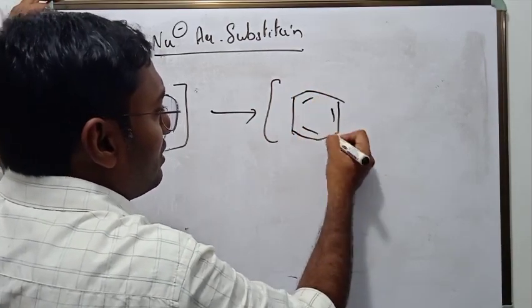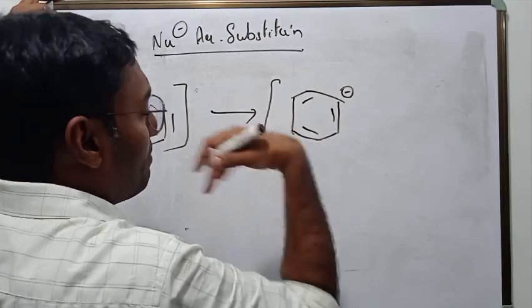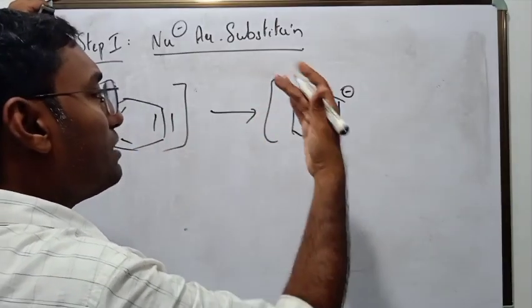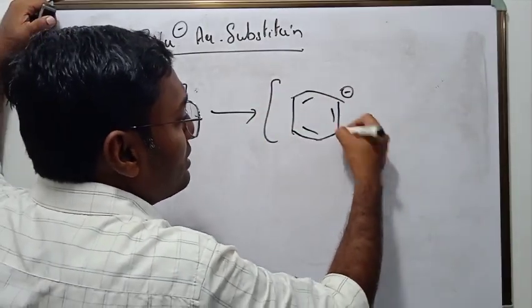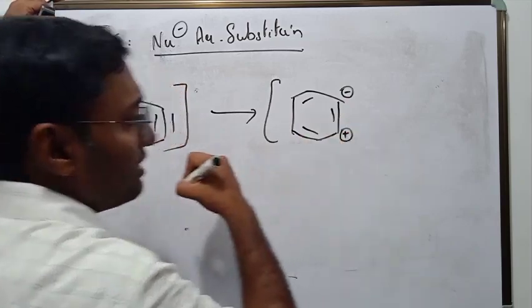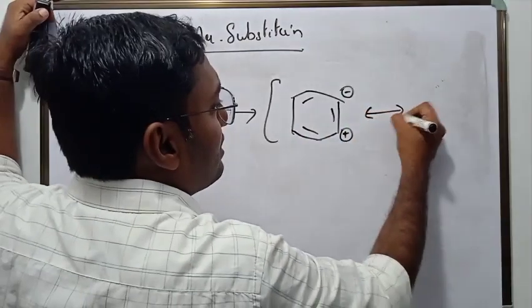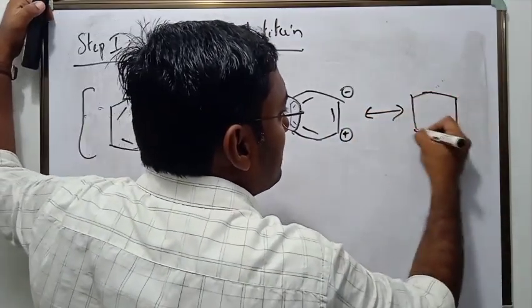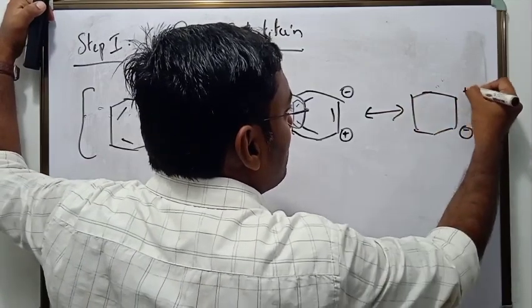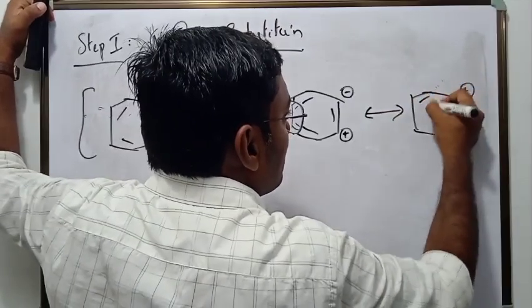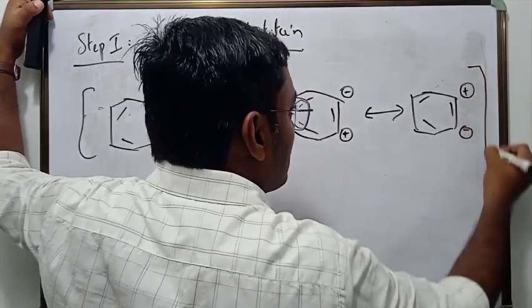In the first structure, the lobe that is above gets the pair of electron, and the lobe that is below gets positive sign, right? In the second structure, the lobe that is below gets negative sign and lobe that is above gets positive sign, right? Now both these structures can be affected.